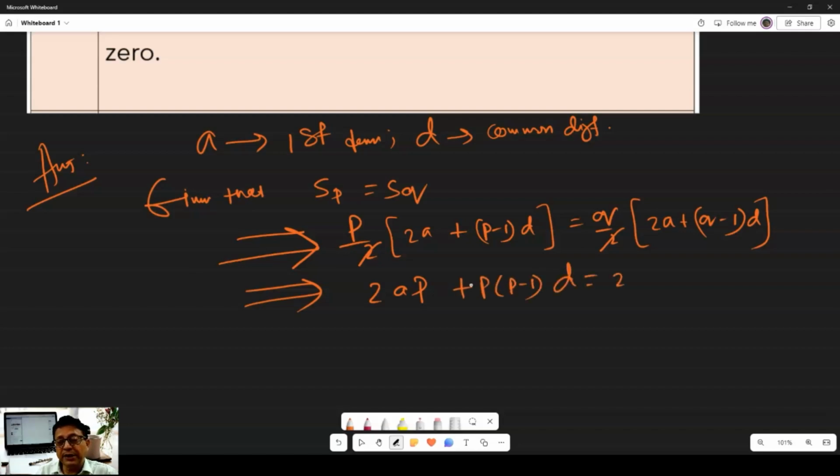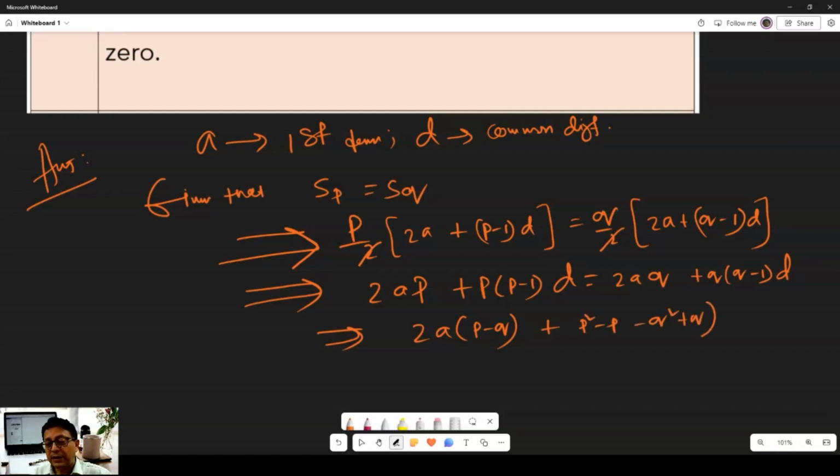P minus 1 D equal to twice A cube, Q minus 1 into D. Clear? So twice A (P minus Q), P square minus P, Q square plus Q into D equal to 0.